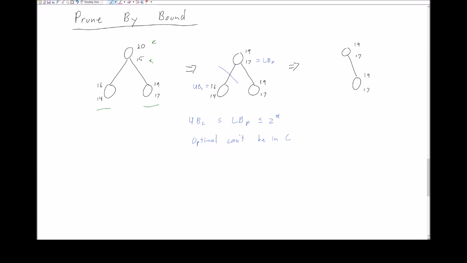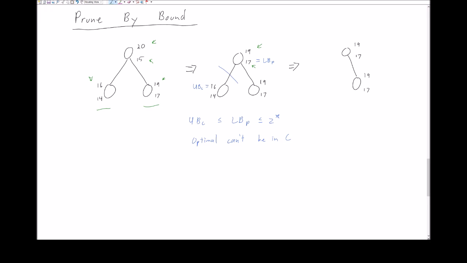When we do update the bounds, we update our upper bound to 19, since 19 is the maximum of 16 and 19, the upper bounds computed in both of the children. We've also updated our lower bound. In this case, our lower bound is 17, the maximum of the lower bounds in all of the children.